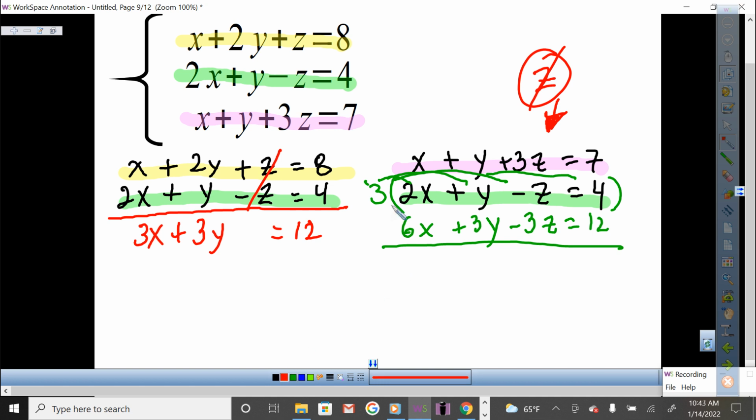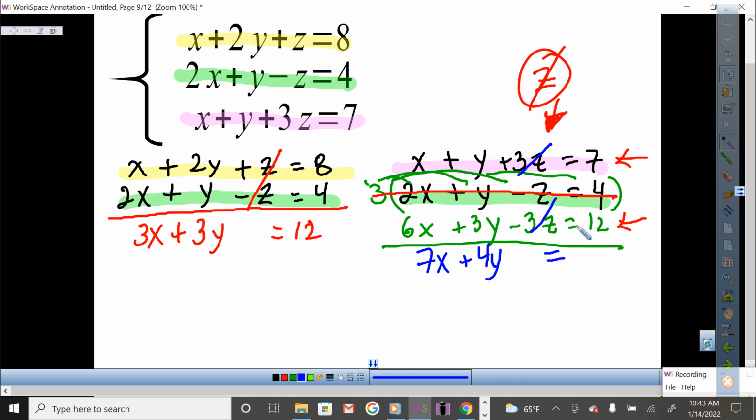No longer do we use this middle one anymore. We're focusing on this one and this one. All right, let's see. X plus 6x, that's 7x. Y plus 3y, that's 4y. The z's cancel.